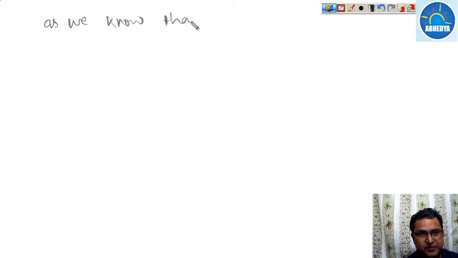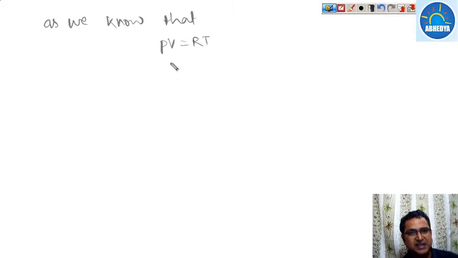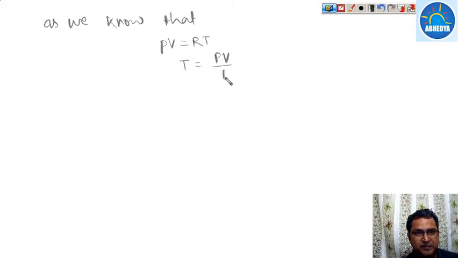that for an ideal gas, PV is equal to RT for per unit mass. So temperature can be written as PV by R, or temperature can be eliminated as PV because R is a constant. So TV to the power gamma minus 1 is equal to constant.